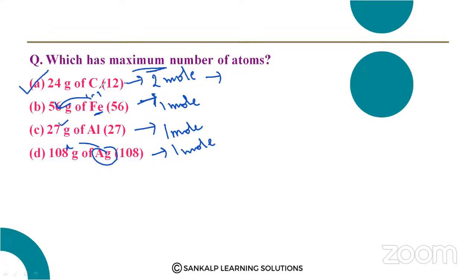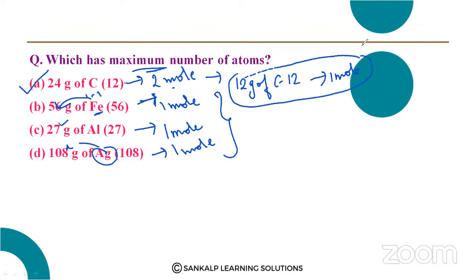It is 24 grams of C12, because all other elements have 1 mole each, but the carbon 12 of 24 grams is 2 moles, because 12 grams of the C12 isotope of carbon consists of 1 mole. See the definition.